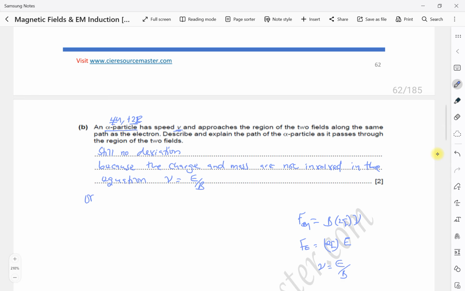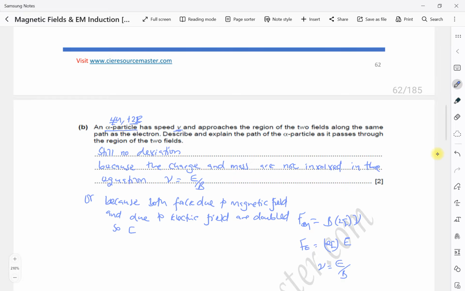Or you could say the force, because both force due to magnetic field and due to electric field are doubled.